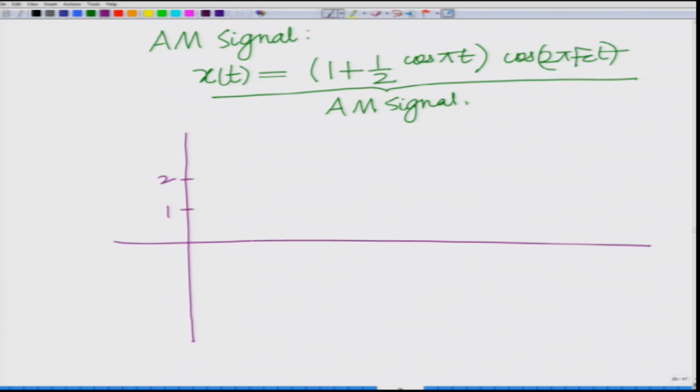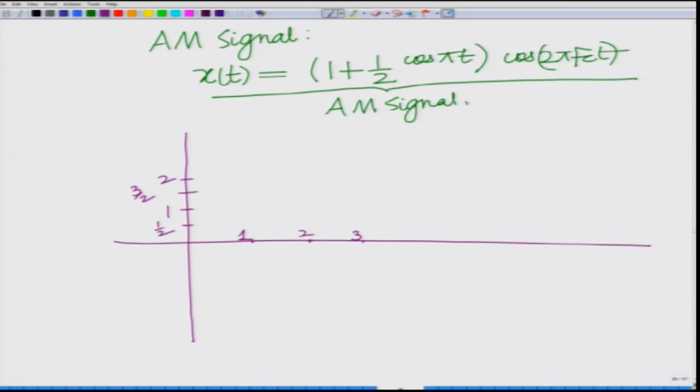So, this varies between half and 1 and a half, that is 3 over 2. So, I have over here 1, let us say over here 2, and this is half, this is 3 by 2.